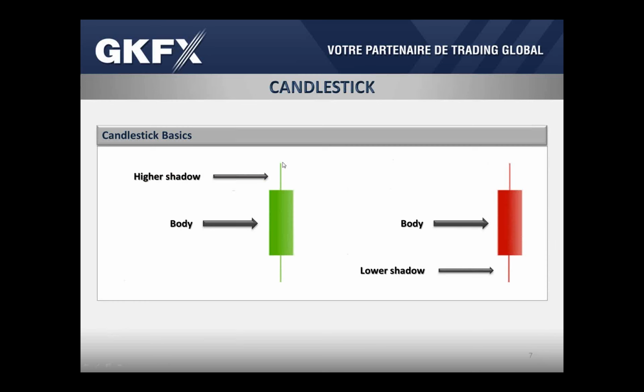So on the left, a bullish candlestick. Why is it bullish? It's increasing because the candlestick is green. A green candlestick is a bullish candlestick. At the top you can see the higher shadow, and at the bottom the lower shadow, and in the middle the body. So actually it means that we opened at this price.